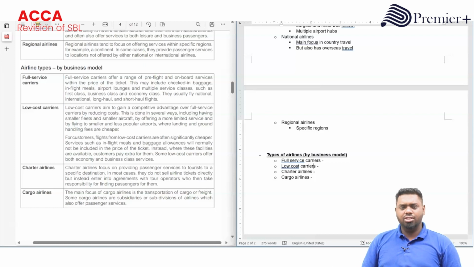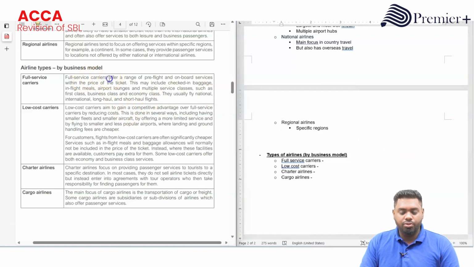So here, as I said before in the previous scene, the main focus of the examiner is to provide you a holistic understanding of the industry you will be working with. So this will provide you sufficient understanding or detail about the industry. If you look at business models, full service carriers offer a range of pre-flight and onboard services within the price of the ticket. This may include checked-in baggage, in-flight meals, airport lounges, and multiple service classes such as first class, business class, and economy class.